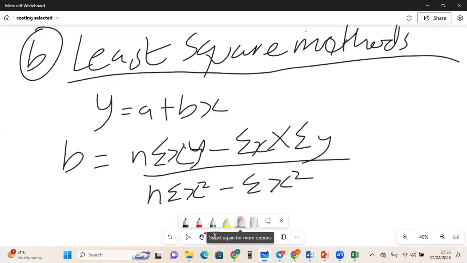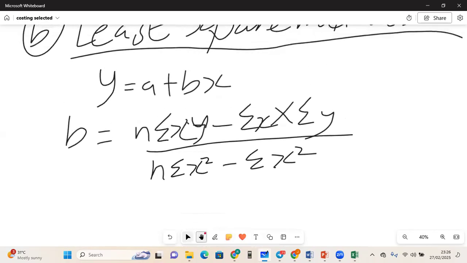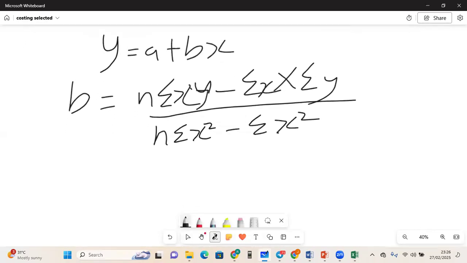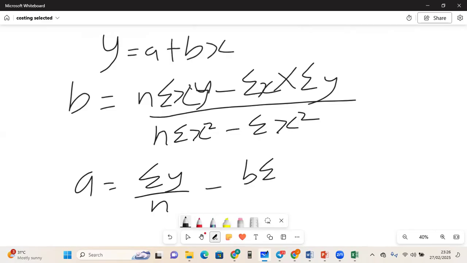When you want to get A, it is going to be the summation of y over n, minus b times the summation of x over n. So you cannot get A without what?